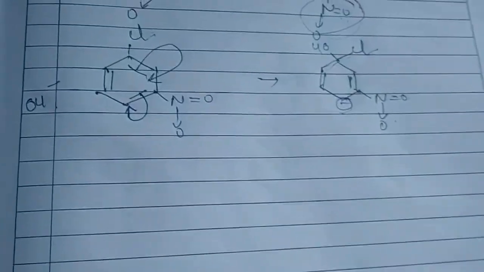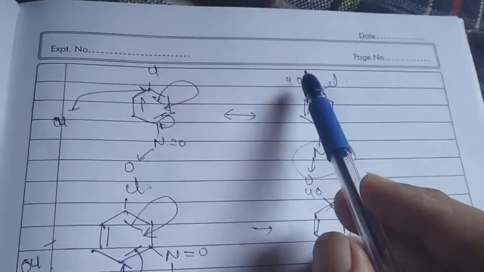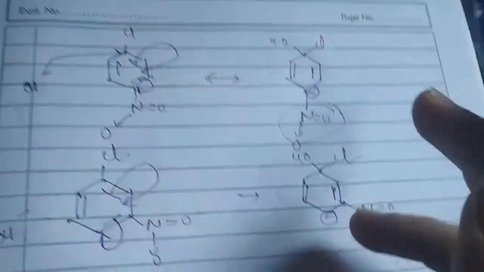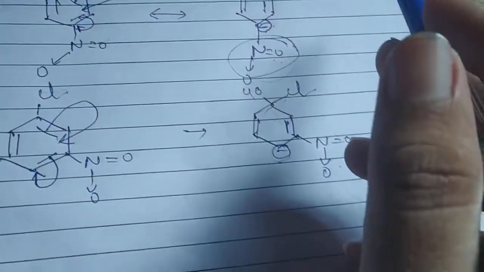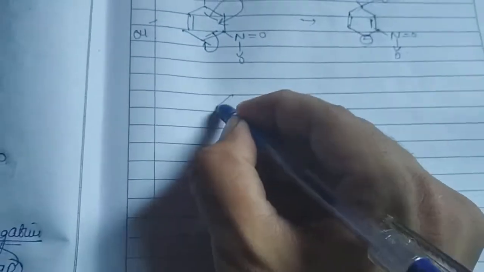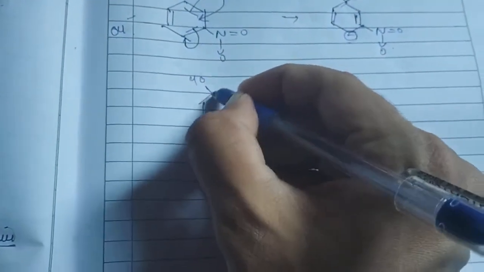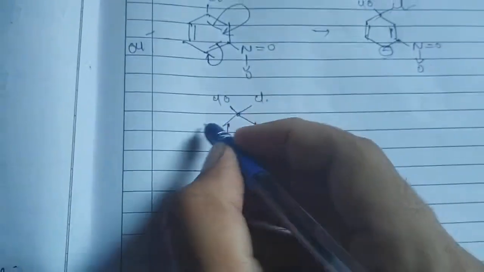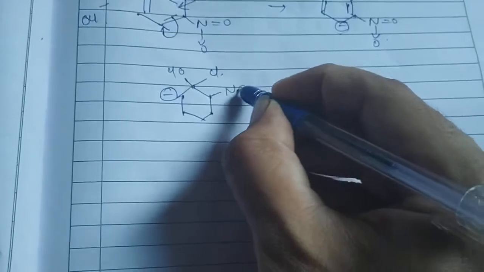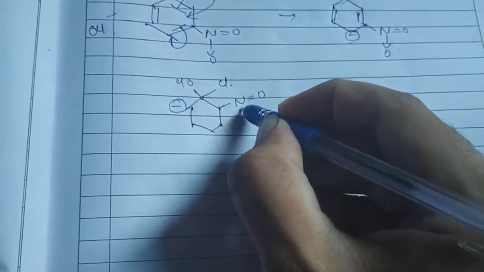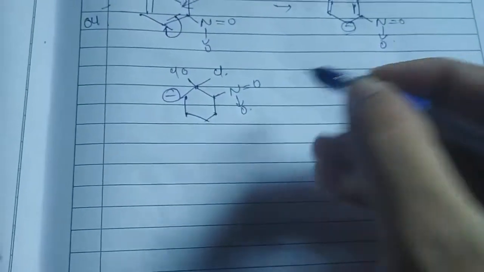So if I am going to write the final product for my ortho and para position, let us see. Here there is OH and Cl. If you ask how the OH comes, remember what happens. I am just going to show you. So basically you will be having your OH, you will be having your Cl, the bond shifts and the negative charge comes to this side. So you will be getting N double bond O, single bond, a coordinate bond with oxygen.